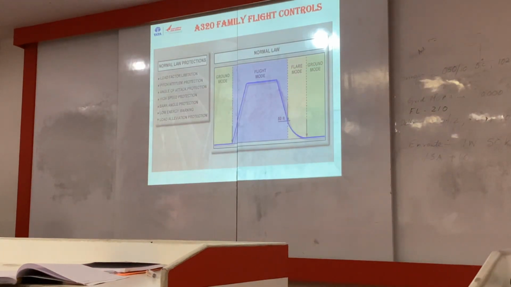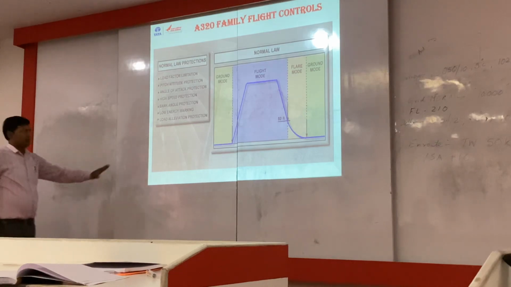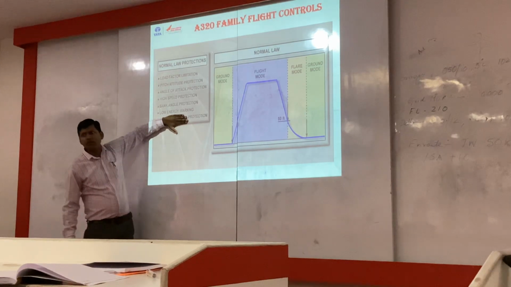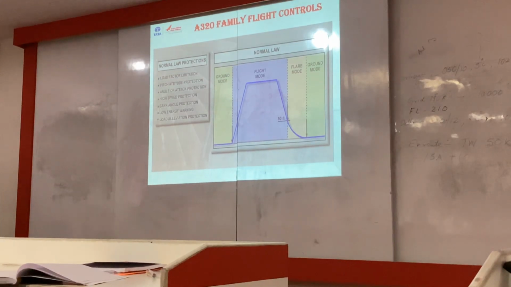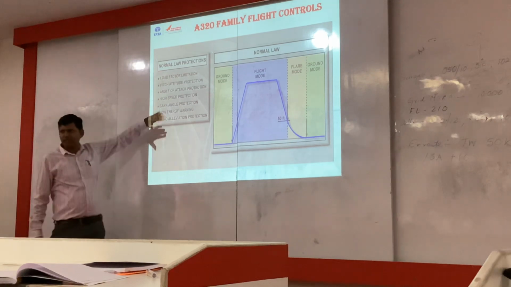In normal law, there are different protections like load factor, pitch attitude, angle of attack, high speed, bank angle, low energy, and load alleviation protection. This basically is different. The load alleviation function is not there in this aircraft. Since I prepared some of the slides generically, that's why it is there.